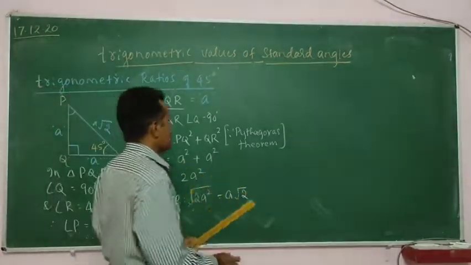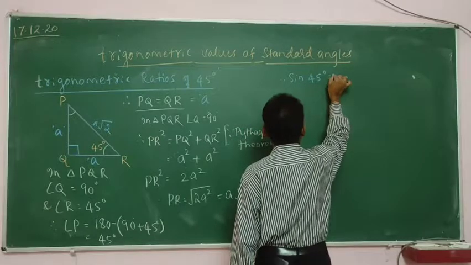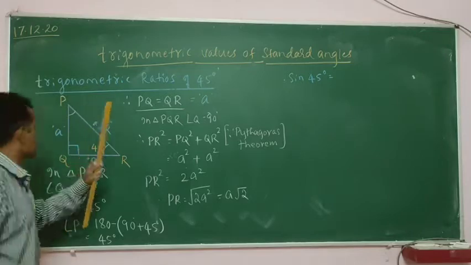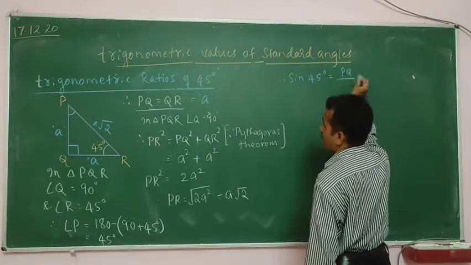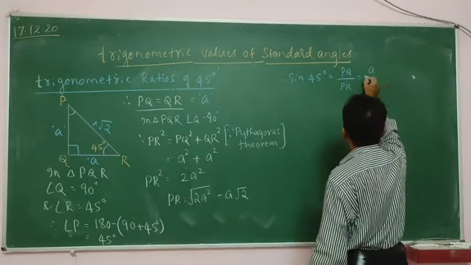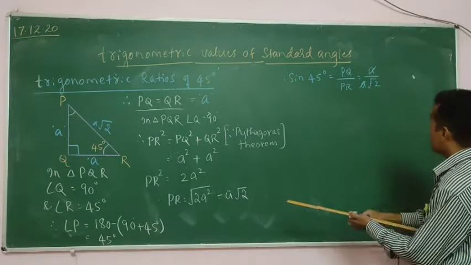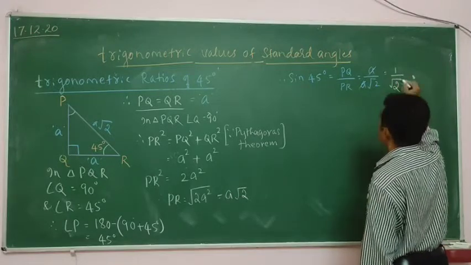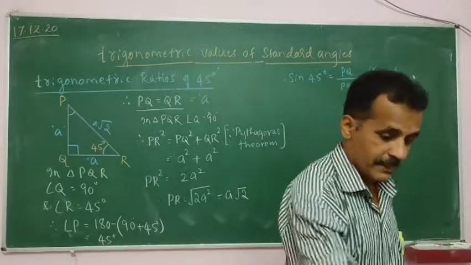Now I can find, therefore, sine 45 is equal to opposite divided by hypotenuse. It is PQ divided by PR, which is equal to a by a root 2. This gets cancelled, and the answer is 1 by root 2, the value of sine 45. This value has to be kept in mind.